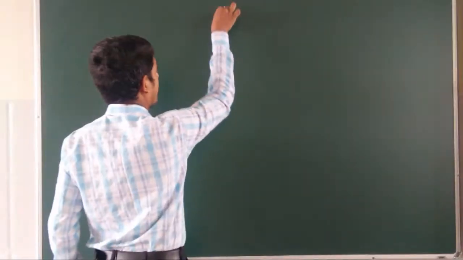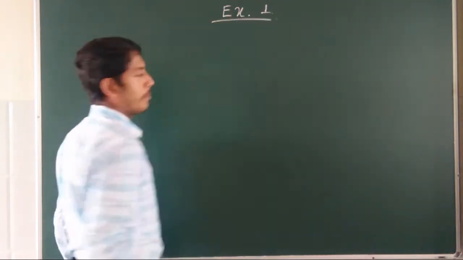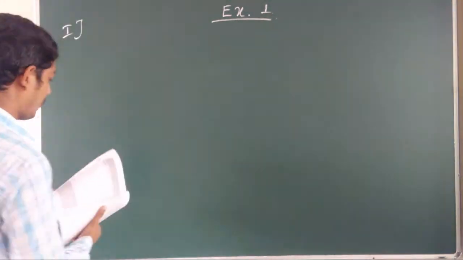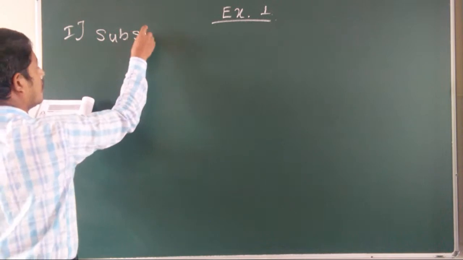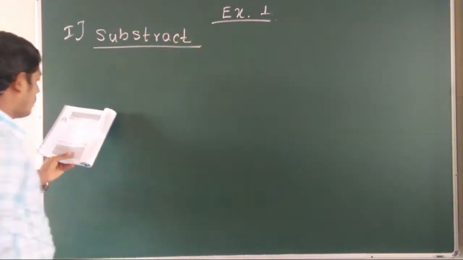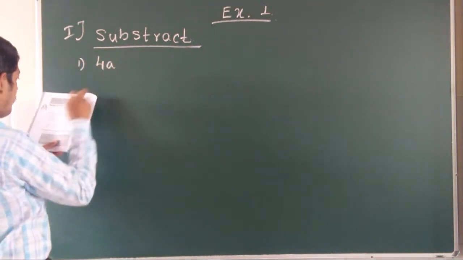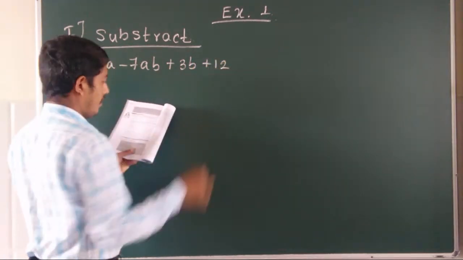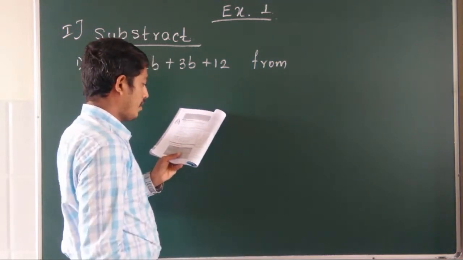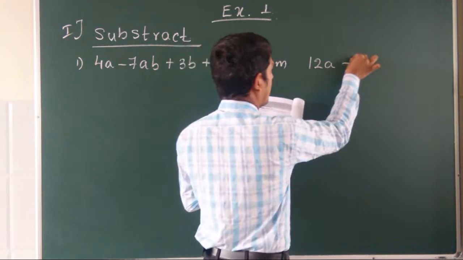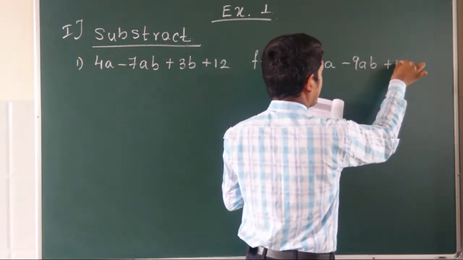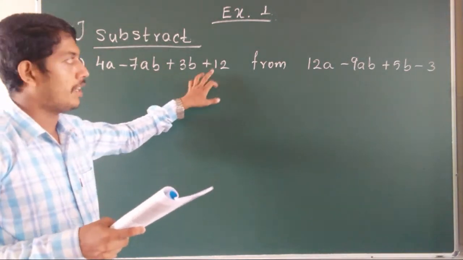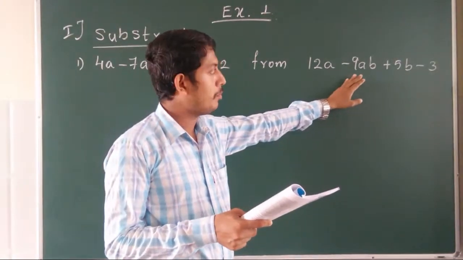That is Exercise 1, subtract. In the first question, we have to subtract 4a minus 7ab plus 3b plus 12 from 12a minus 9ab plus 5b minus 10.